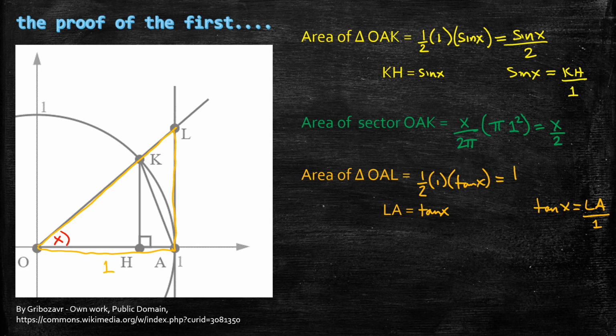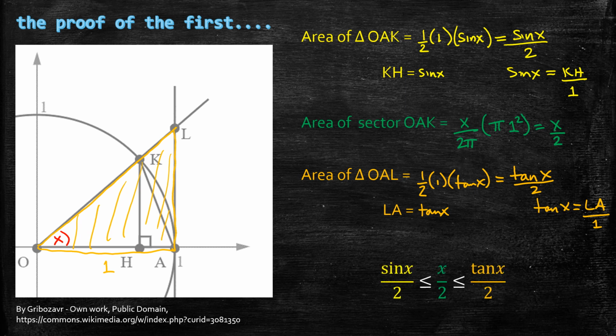And the area of that triangle, which is the biggest of all the areas, is tan x over 2. So if we shade that in, we can see that it is the biggest of all the areas. And so if we compare the areas and their values, then we get this inequality, which is what we are going to employ in the next slide, along with the squeeze theorem.